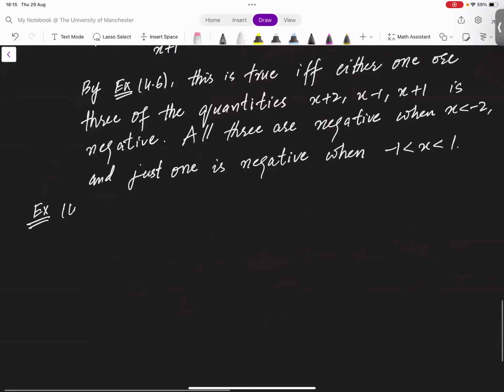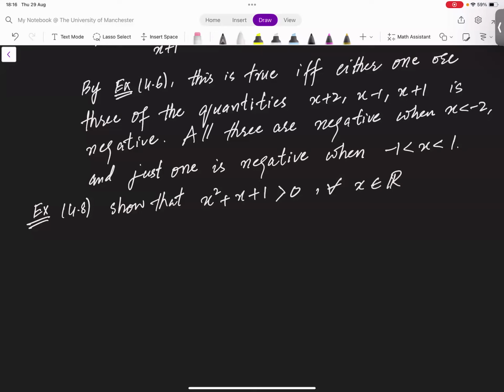Example 4.8. We need to show that the quadratic x square plus x plus 1 is greater than 0 for all x in the reals. Solution. Note that x square plus x plus 1 can also be written as (x plus 1 over 2) square plus 3 over 4.